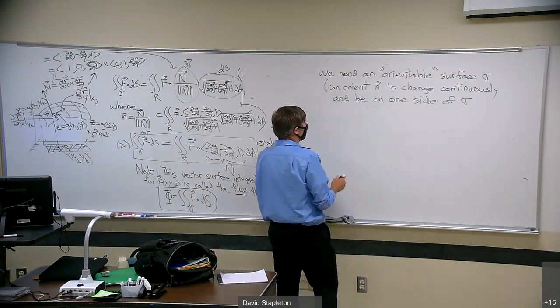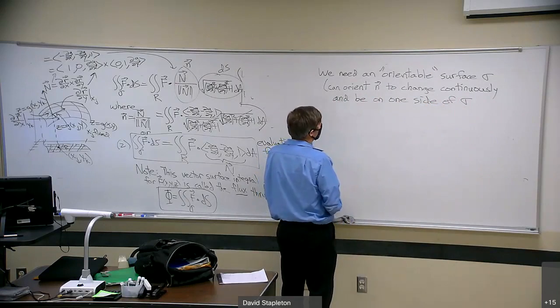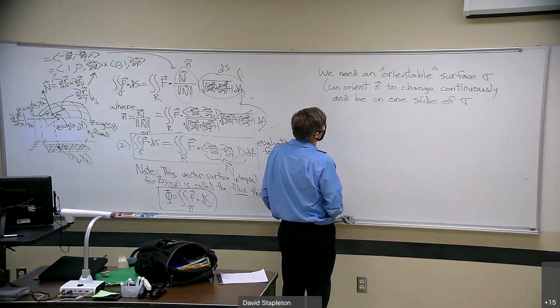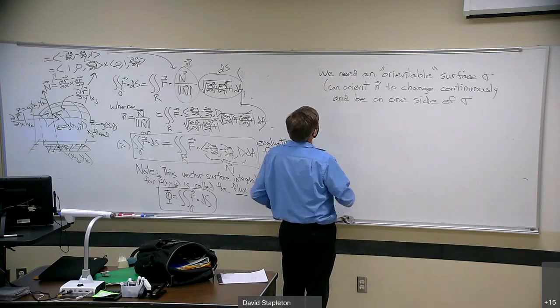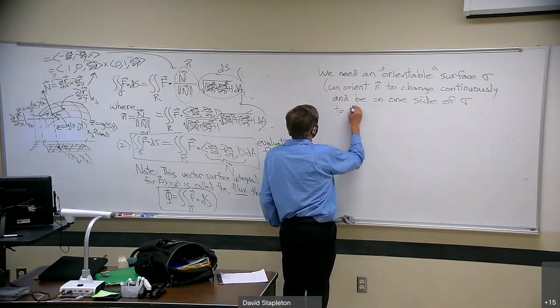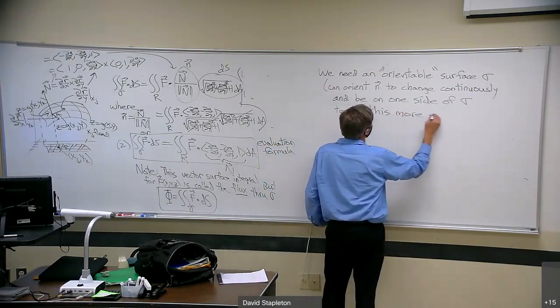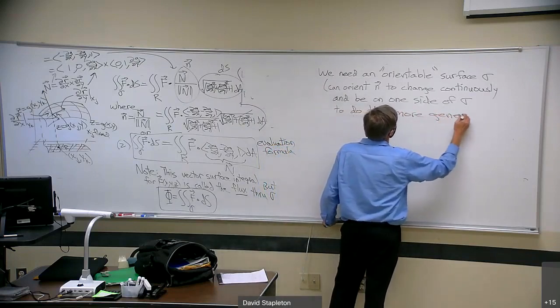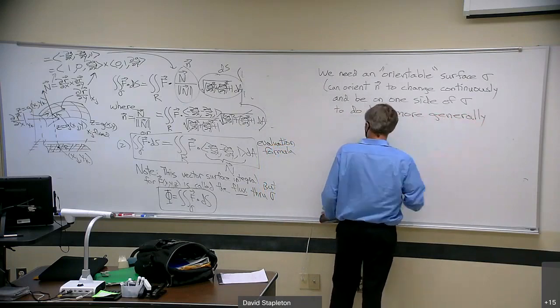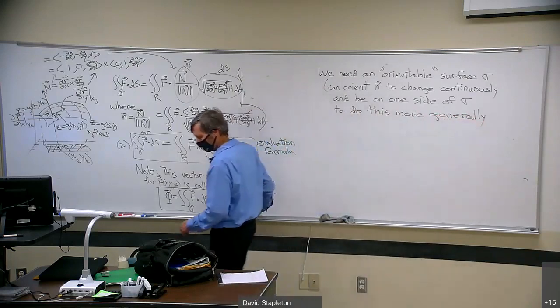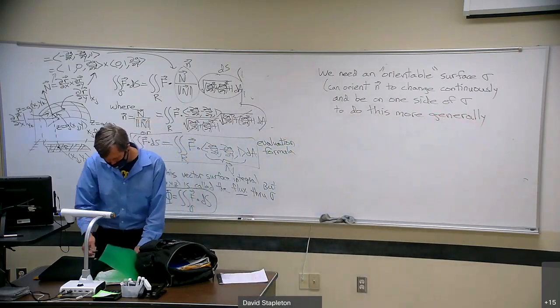So for instance, this isn't a problem if you just put Z equals F of X, Y. But if we want to do this more generally, you can have the following kind of setup. The book gives a nice illustration of this, but it's always better if you see it in person.